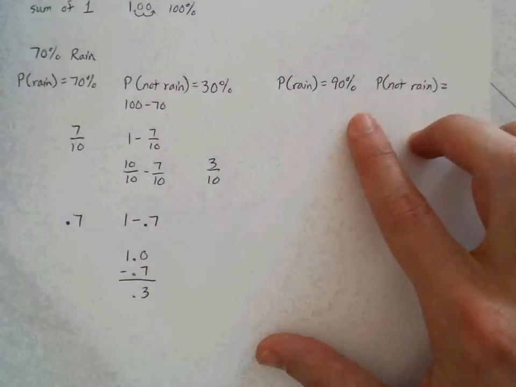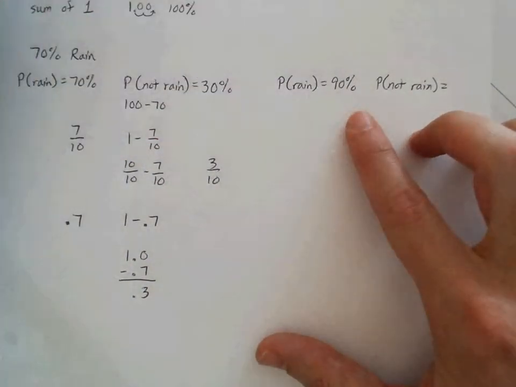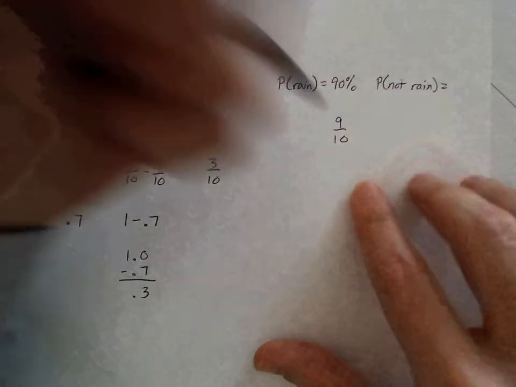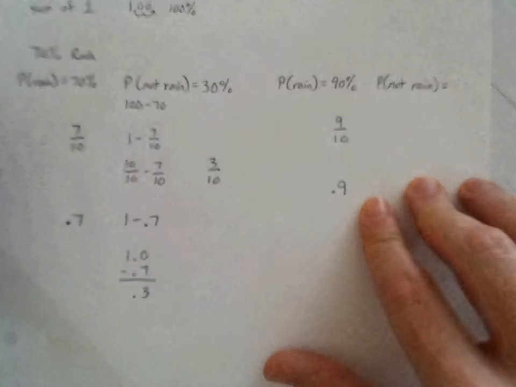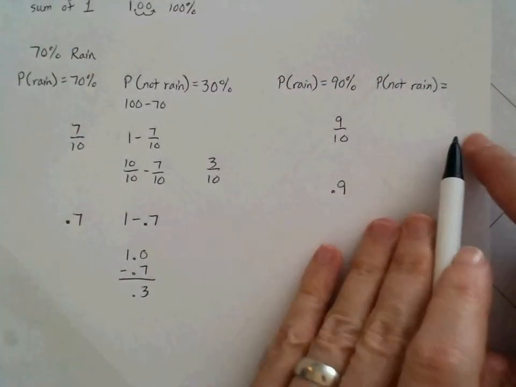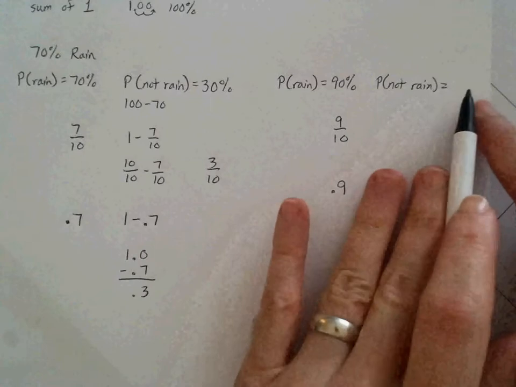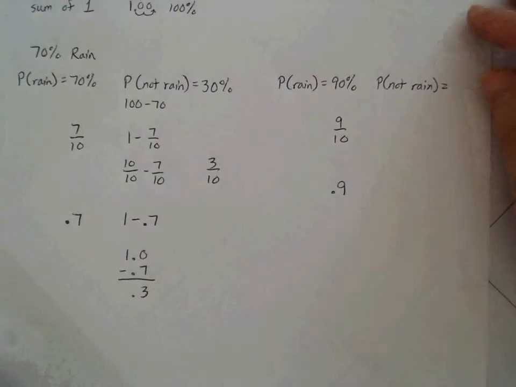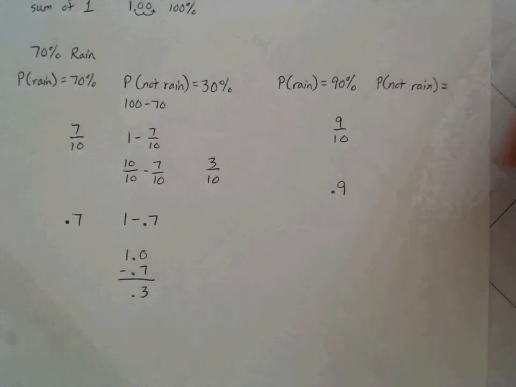So I want you to find the complementary event of 90%. That as a fraction would be 9/10, and that as a decimal would be 0.9. So find the probability that it's not going to rain as a percent, fraction, and decimal. Pause the video and take a second, see if you can solve for those three pieces.